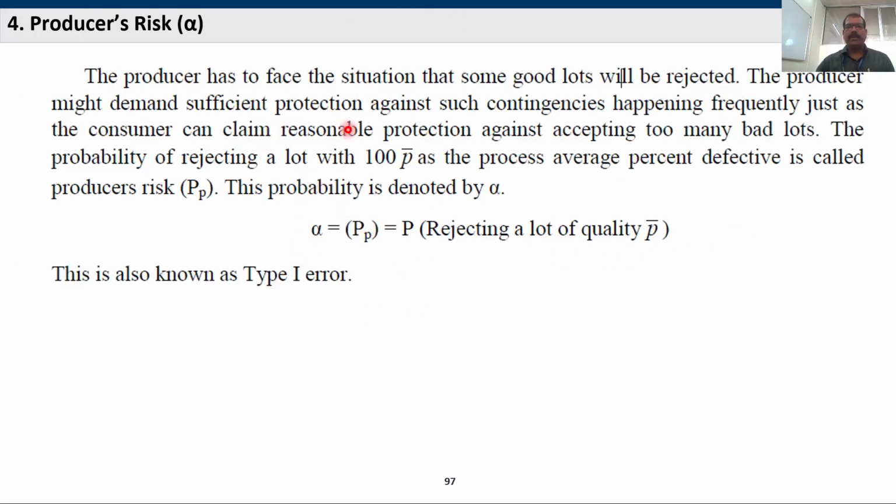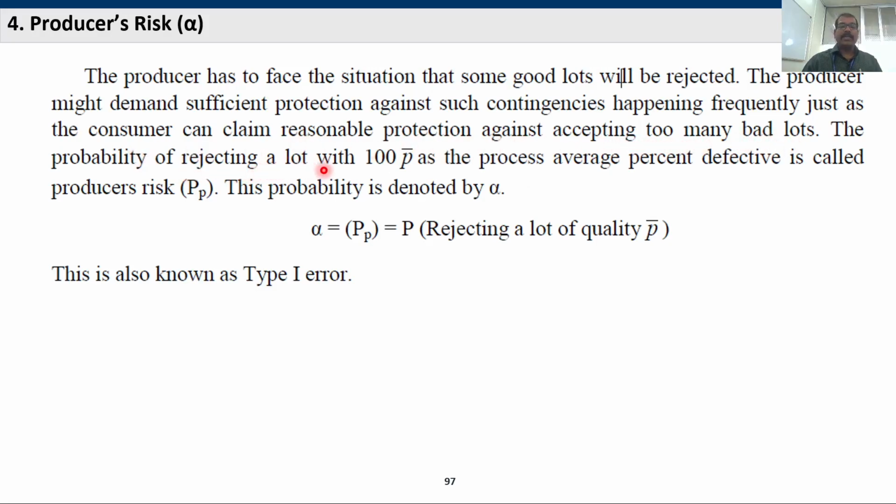The terms explained here: the producer means a production company. The producer has to face the situation that some good lots will be rejected. The producer might demand sufficient protection against such a continuous, frequent happening, just as the consumer can claim reasonable protection against accepting too many bad lots.